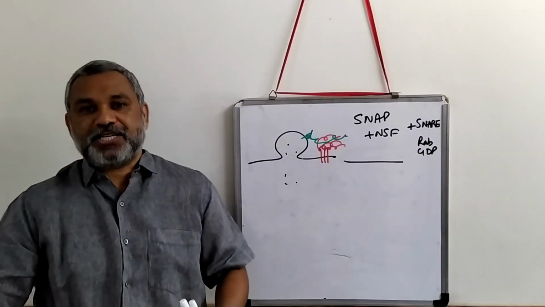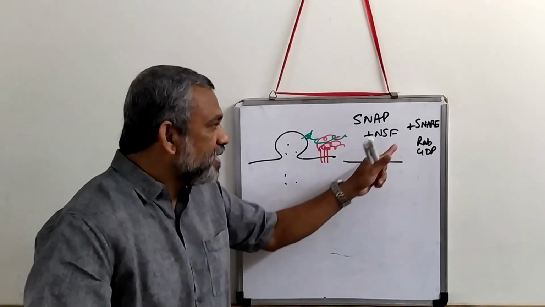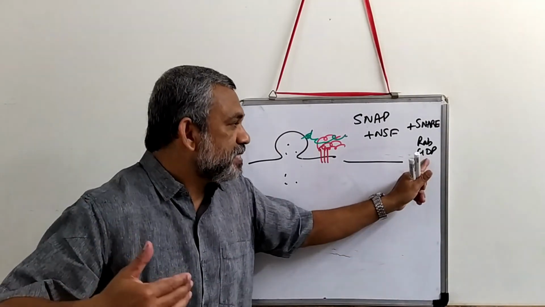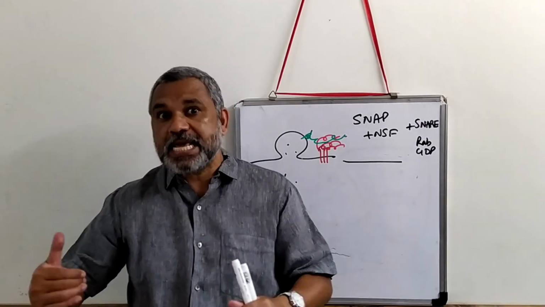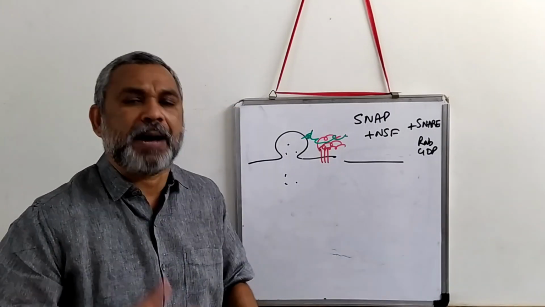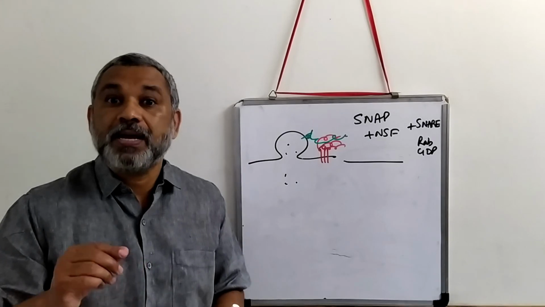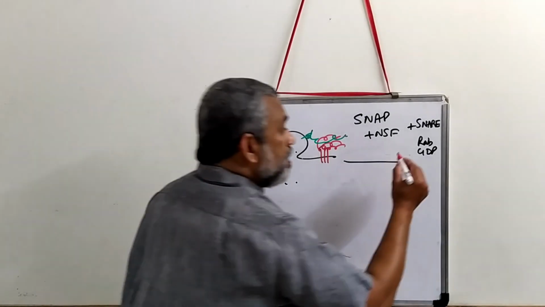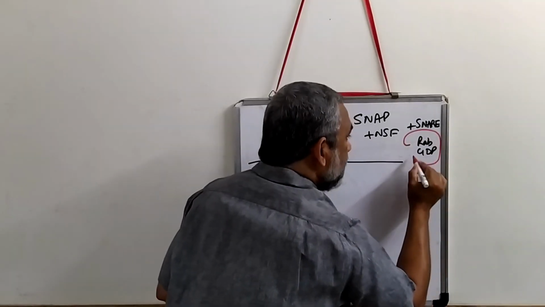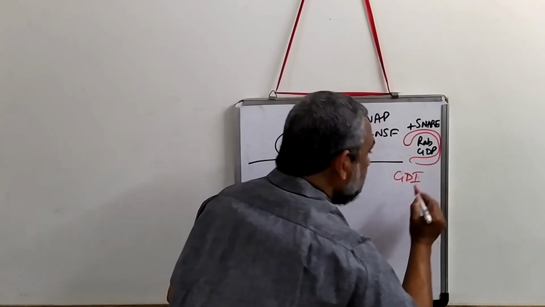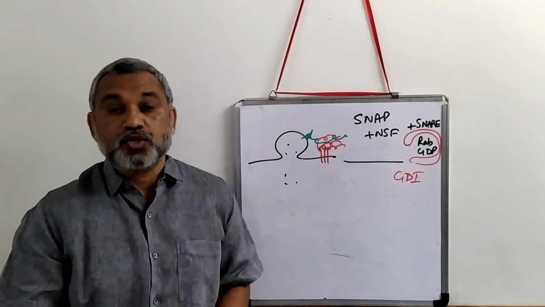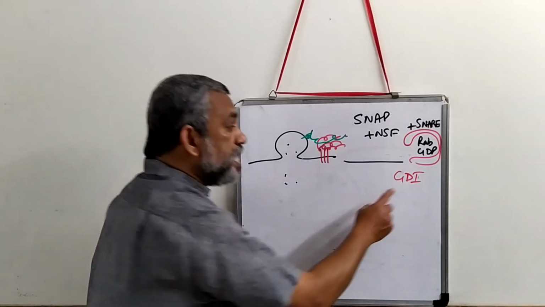Now this separation will ensure that as soon as RAB GDP is released, it will combine with the RAB dissociation inhibitor.